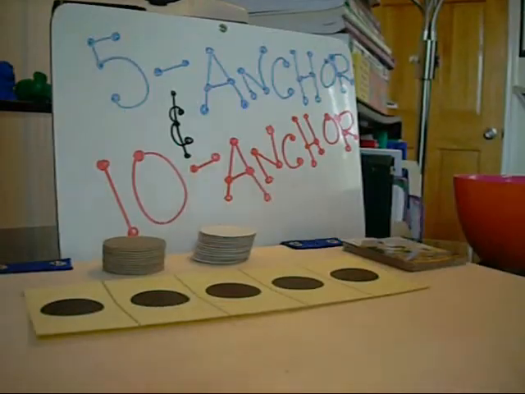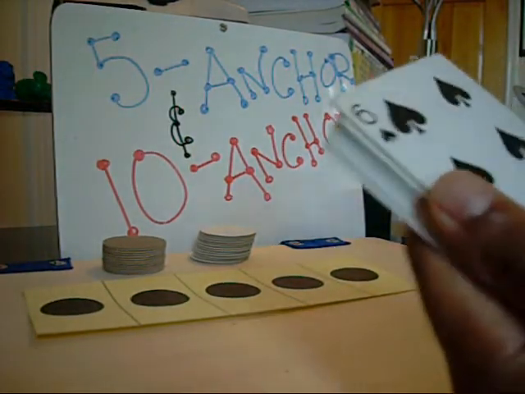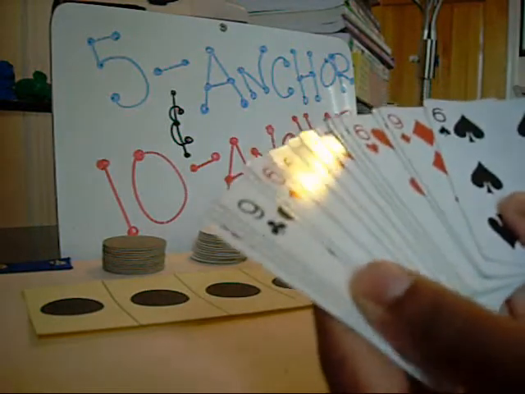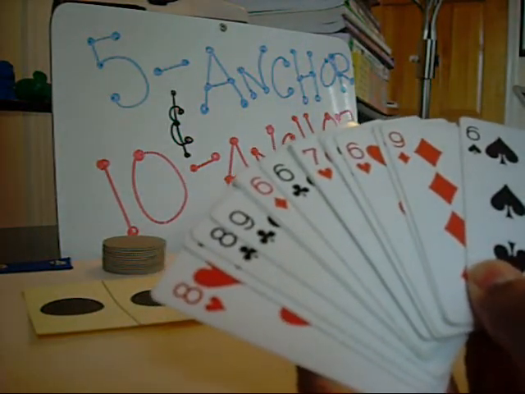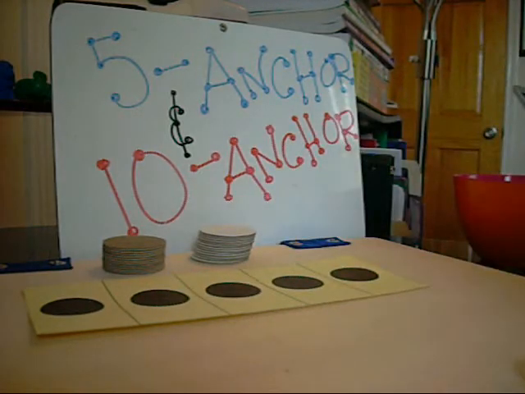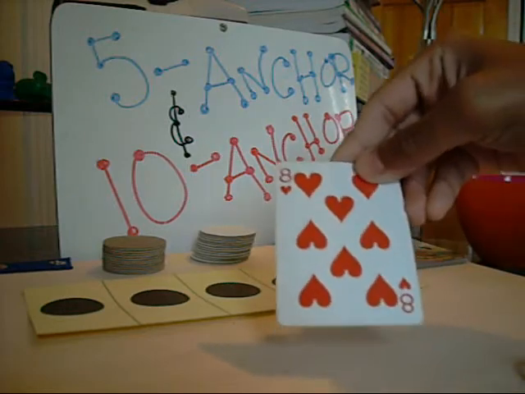Now there are a couple of cards that I picked out from the deck, and they're numbers from 6 through 9. What we will have kids do is pick out the cards one by one and create them.